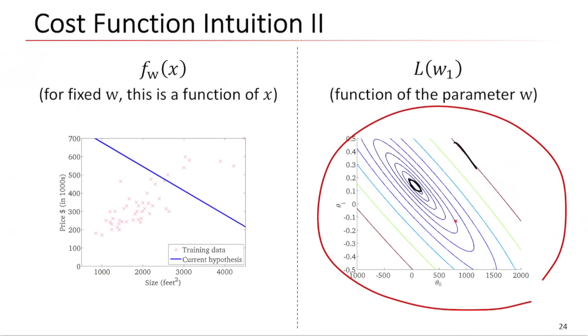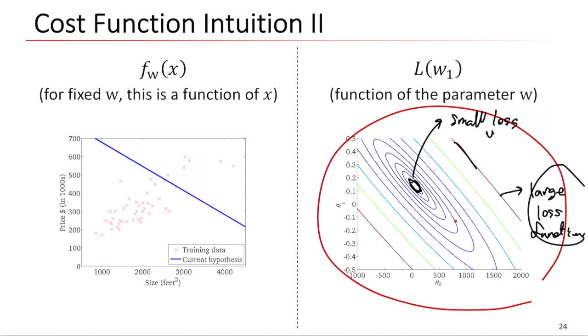The red colors mean large loss values, and the blue colors mean small loss values.